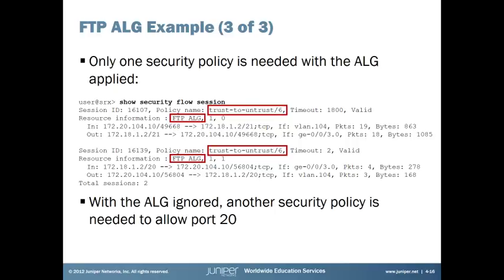So we're actually creating two sessions in that case. The ALG will automatically create this additional session to allow the traffic to come back on port 20. Okay, so if we didn't have an ALG, we'd have to have another security policy to allow port 20. But the ALG does that for us.